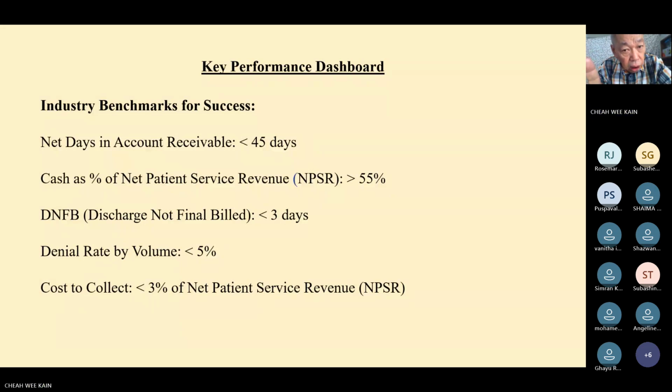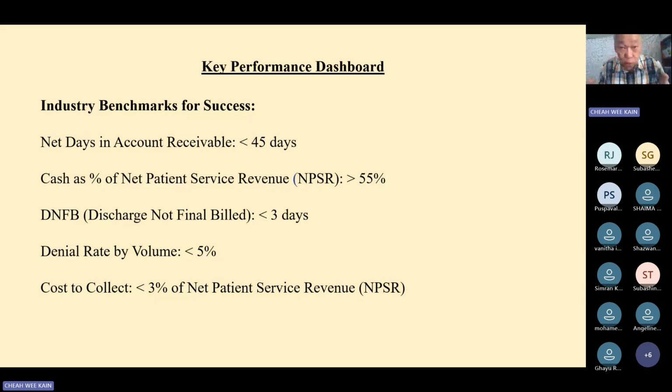Why do you have accounts receivable? Why doesn't everybody pay cash? Some people are going on insurance, right? They don't pay you cash, maybe they pay a little bit above the claim amount. Those amounts that people owe you mean you cannot use that money.